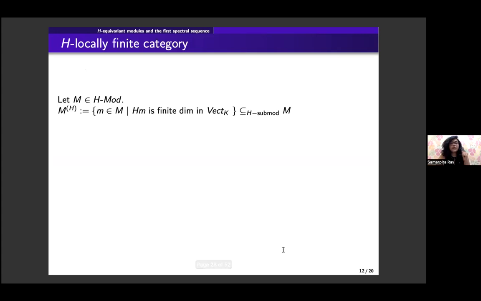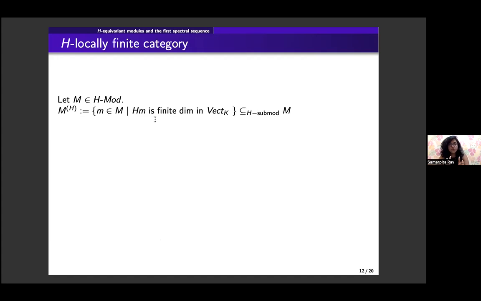For that we need this notion of finiteness on the level of each element. Given an H-module, we call an element M of that module H-finite if HM is finite dimensional as a vector space.